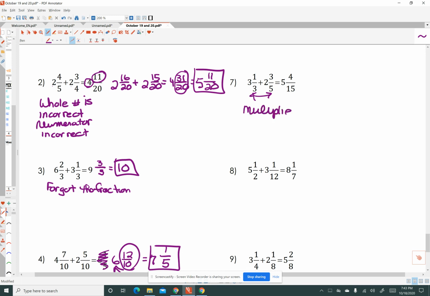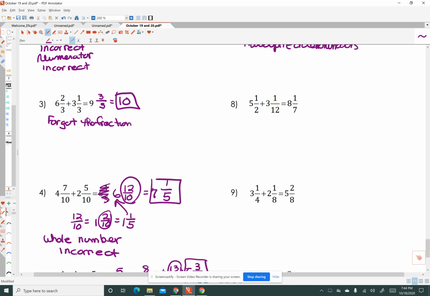Not what you're supposed to do. So that would be correctly written. We need a denominator of 15, so it would be 3 and 5/15 plus 2 and 9/15, which would equal 5 and 14/15, and that's a final answer.